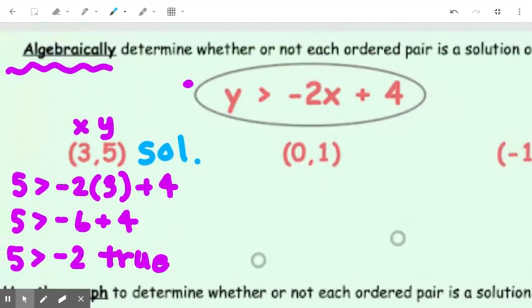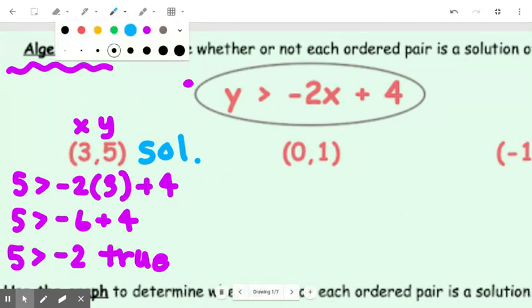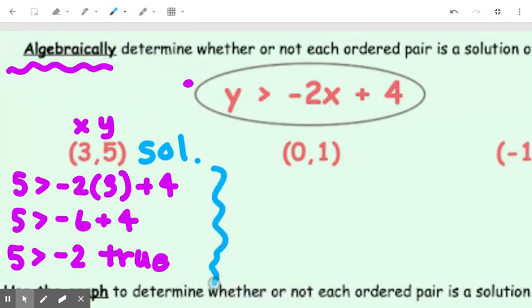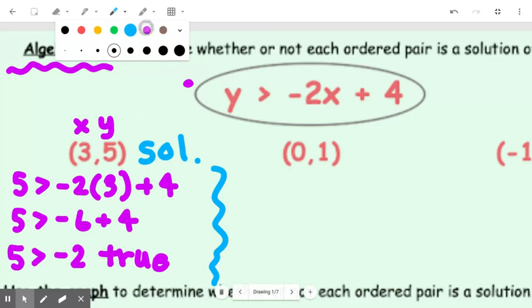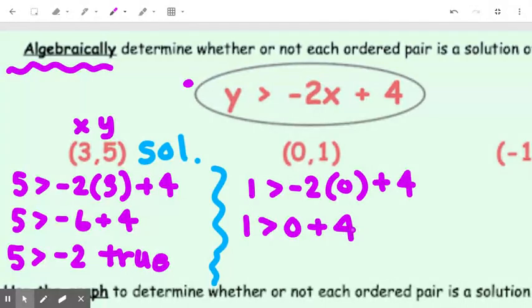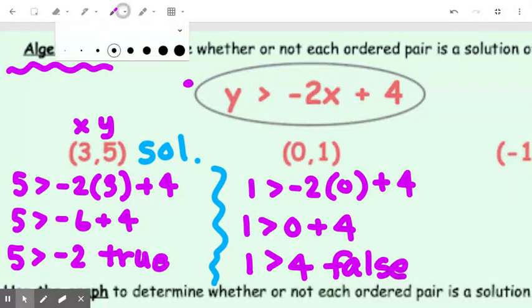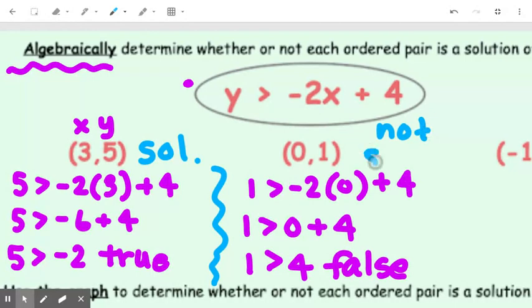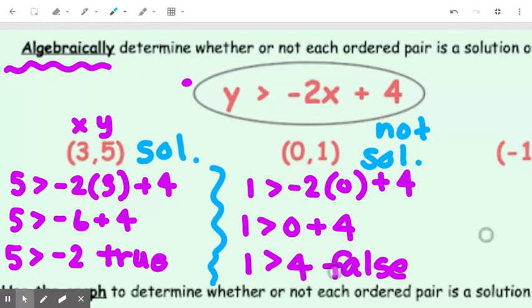Okay, if I do the next one and I plug these in, 1 is going in for y, 0 is going in for x. 1 is greater than 4. That is false. Because it is false, that means that this ordered pair is not a solution. Okay?